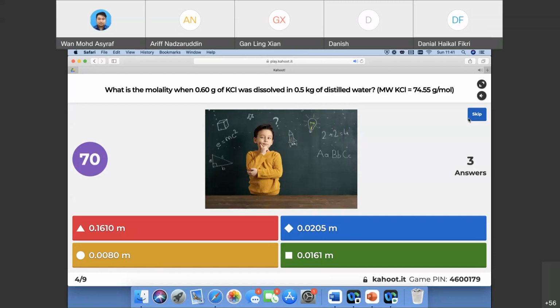Molality. Cepat jawab ni. Senang je calculation ni.